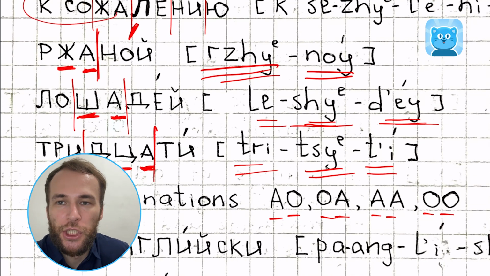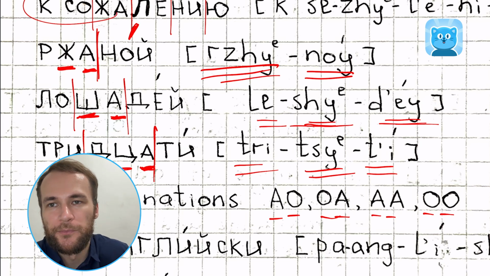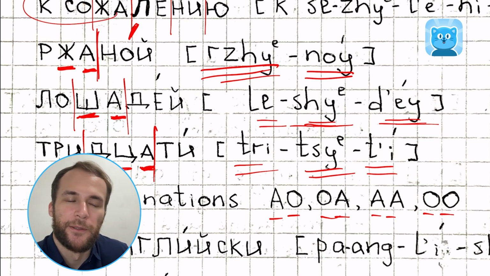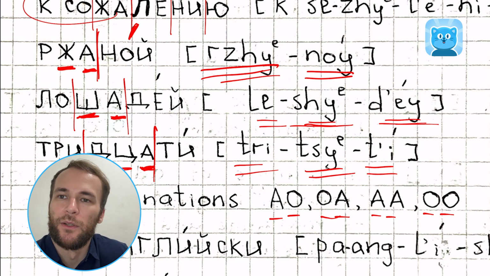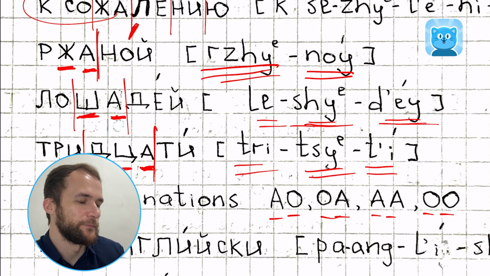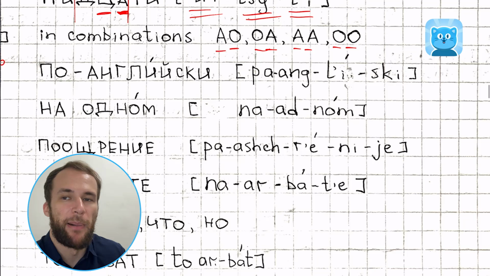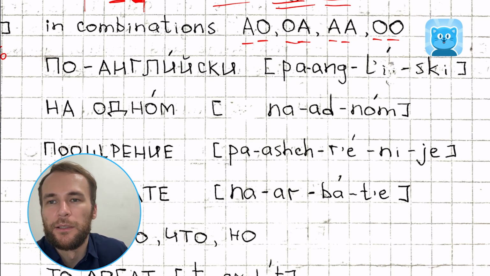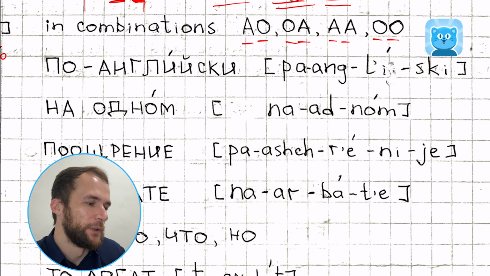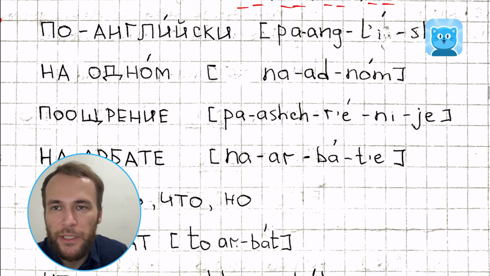Or лошадей, or тридцать, okay, that's better. Or по-английски, better to say по-английски. На одном, поощрение.